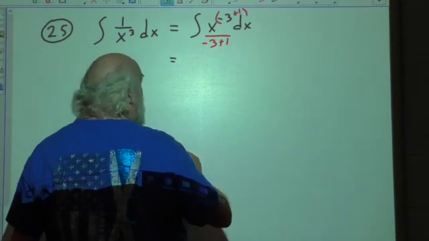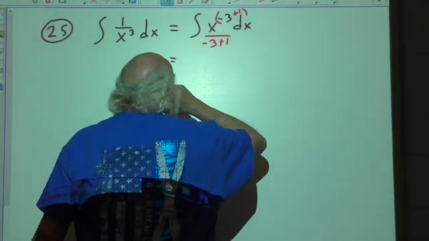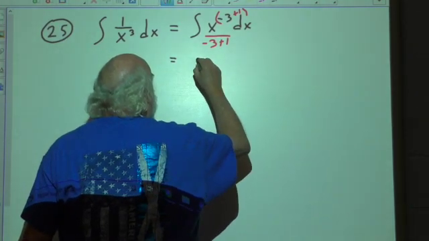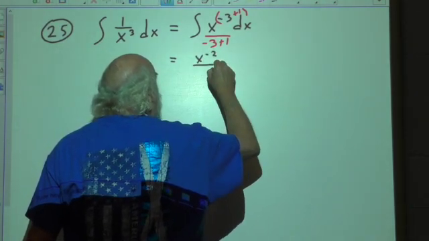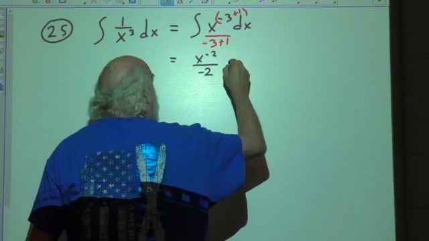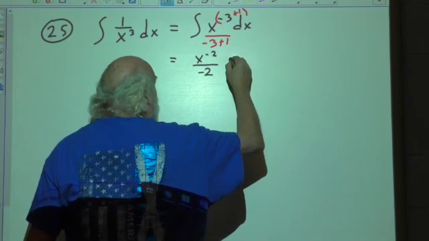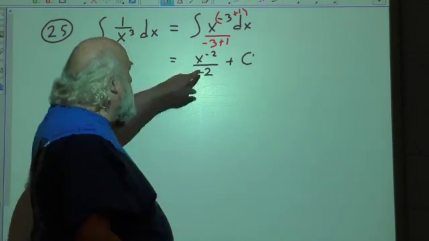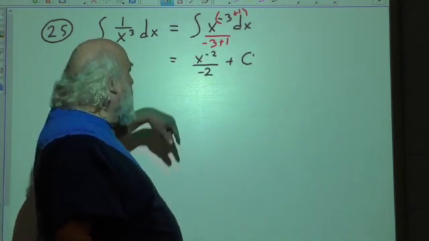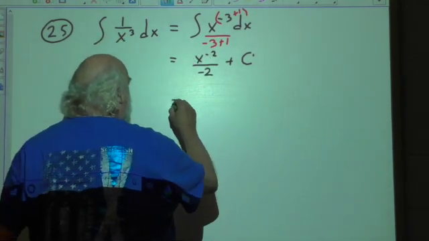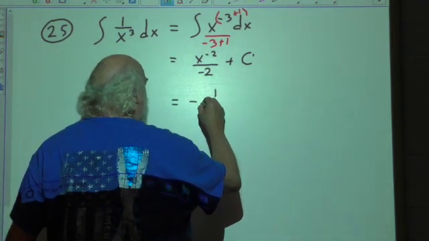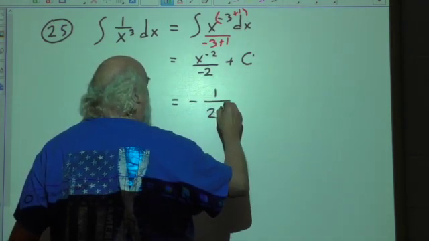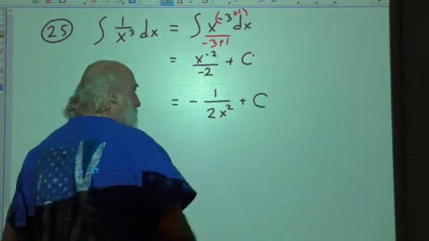So this becomes then x to the negative 2 over negative 2 and then plus c. And then we're going to move this to the denominator. So this becomes negative 1 over 2x squared plus c.